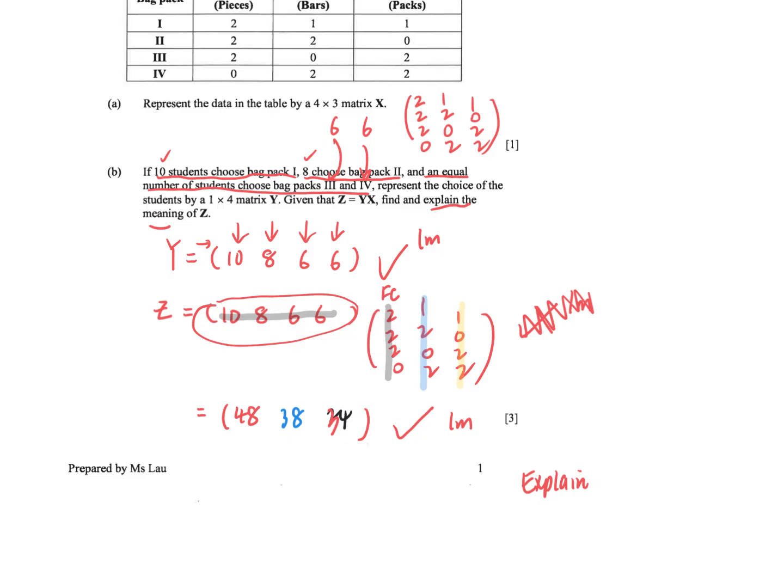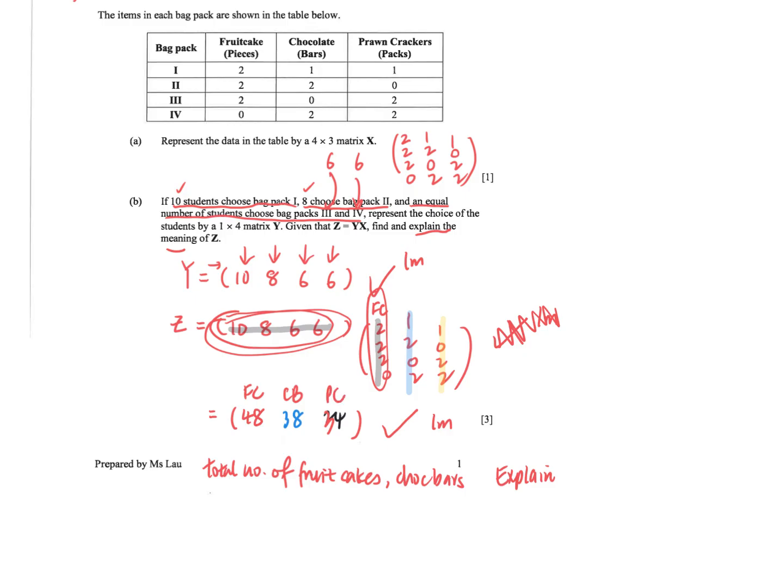No, okay. Then this one is the total number of first one is your fruitcakes. Okay, the second one is your chocolate bars. Okay, and the last one is your prawn crackers.